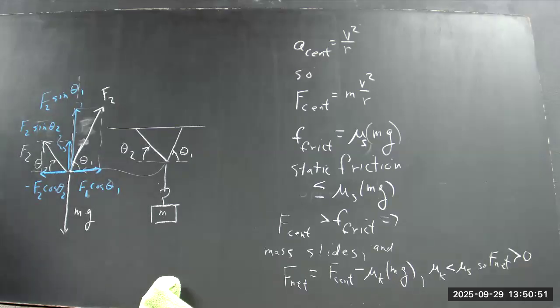Now, that should make sense to you because you've had problems with vectors where you get the horizontal components and add up the horizontal components and everything, okay? But just to remind you.